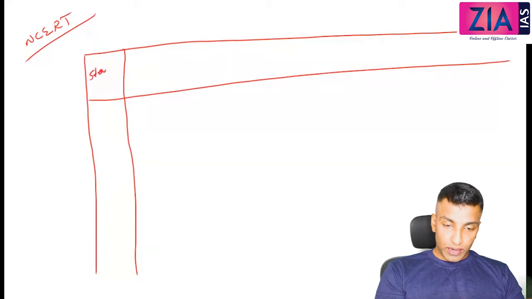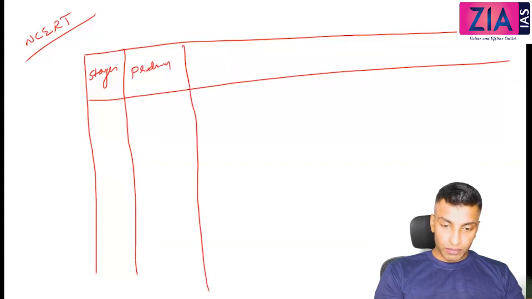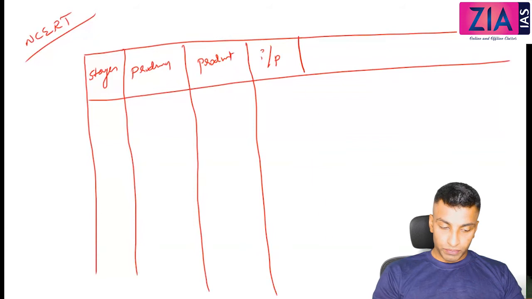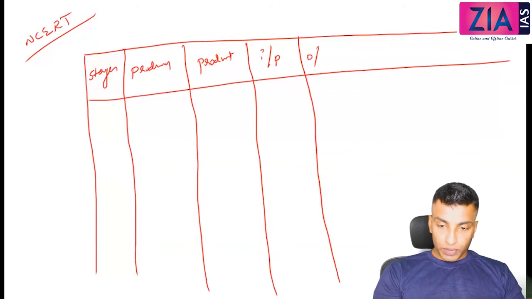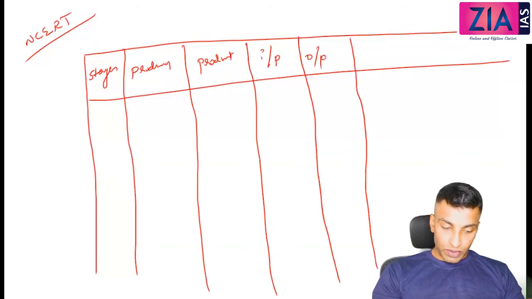Stages, you can take down along with me. Different stages: producer, product, input, output, value addition.